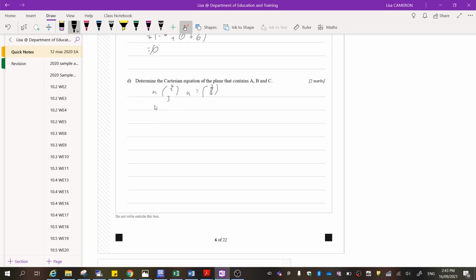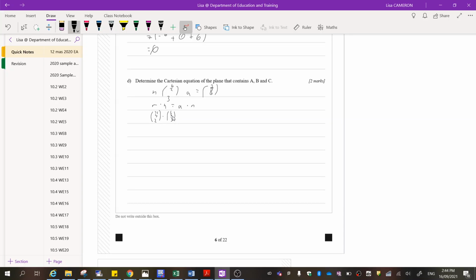So to get the equation, we need to do R dot product n equals A dot product n. So R is just x, y, z, then dot product 6, 2, 3.